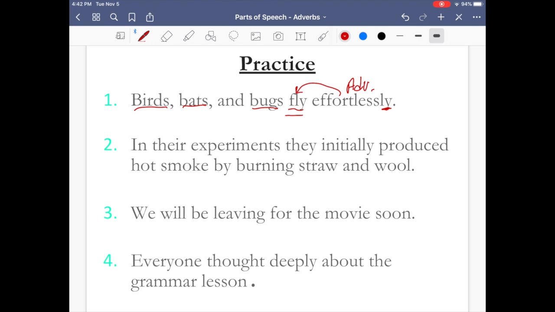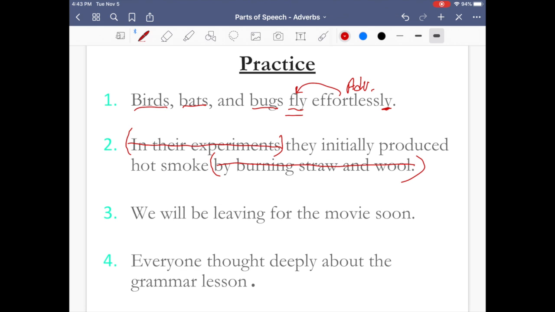Number 2, in their experiments, they initially produced hot smoke by burning straw and wool. If you're faced with a sentence like this, it's not a terrible idea to go ahead and take out your prepositional phrases. So for instance, in their experiments, that's a prepositional phrase, so we can ignore that for now. By burning straw and wool is also a prepositional phrase.